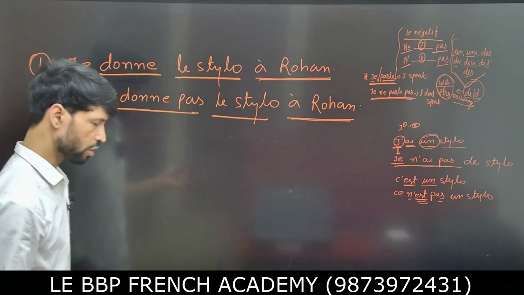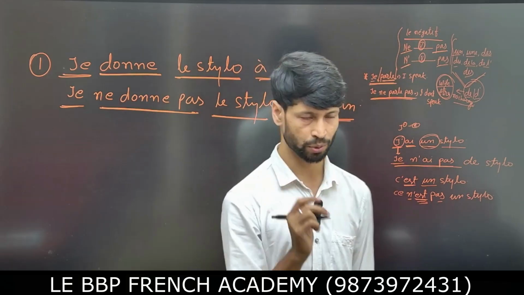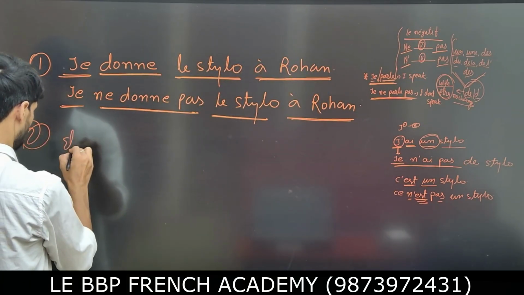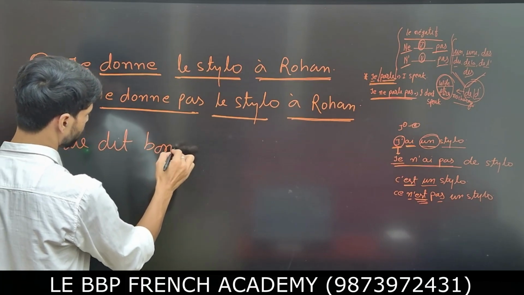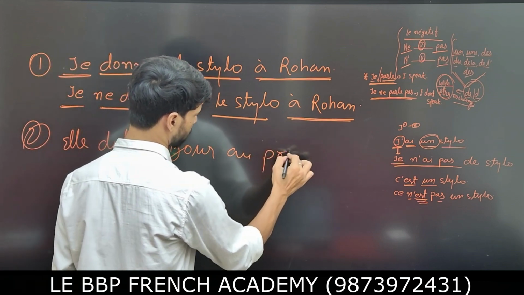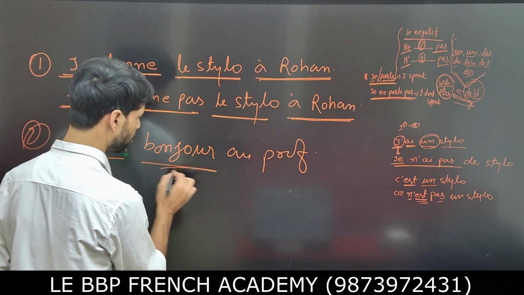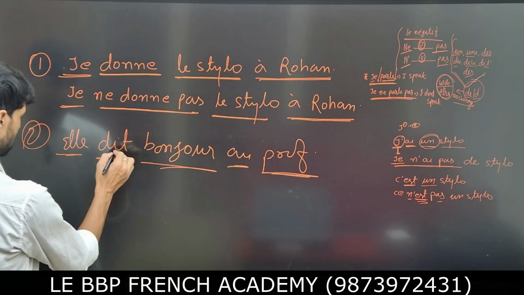In the present tense also, the conjugation is one but the sense is two, simple or continuous both. Okay. Look at the second example. Elle dit bonjour au professeur. Okay. She says hello to the teacher. So how to make a negative? Simple, the verb is here.